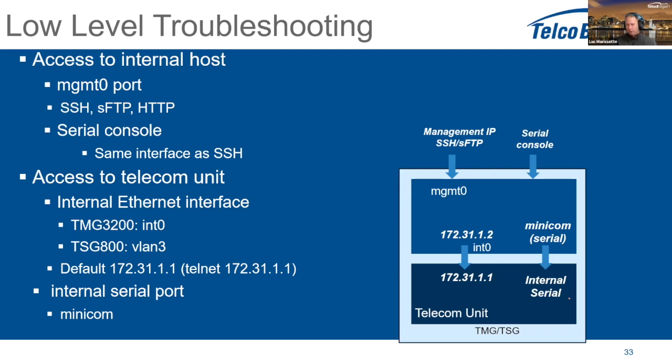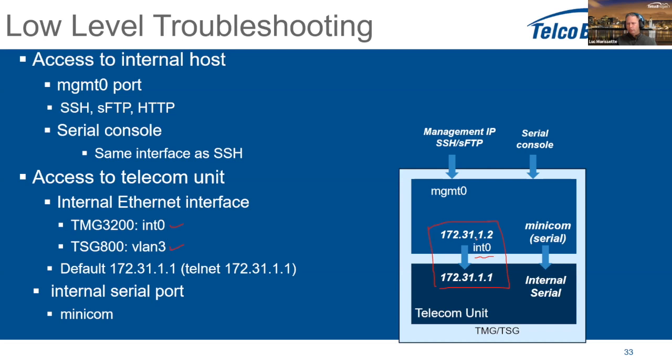If you want to reach the telecom unit, well, you have two ways to do that. One is to use this internal interface, which is always done in the system, and it's using int0, but it could also be another name here, but it will have the same IP address. So for TSG 800, it's called VLAN 3, and for TMG 3200, it's called int0.